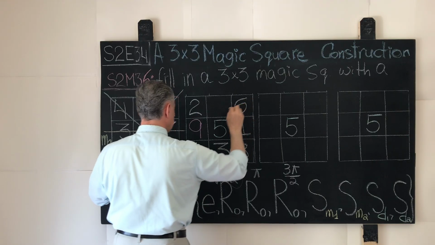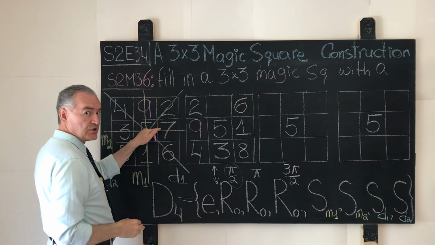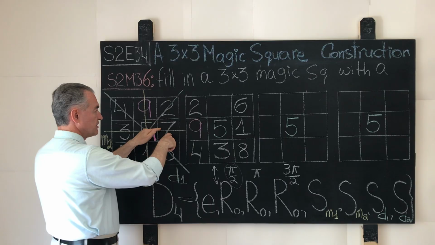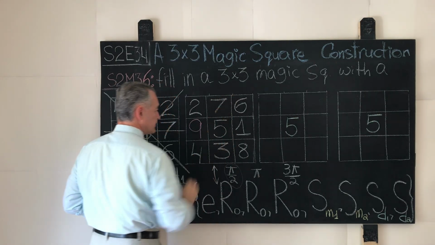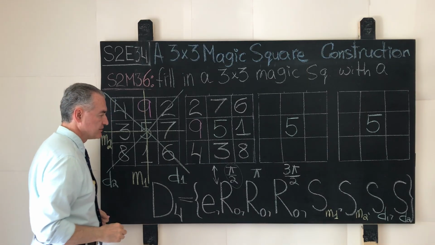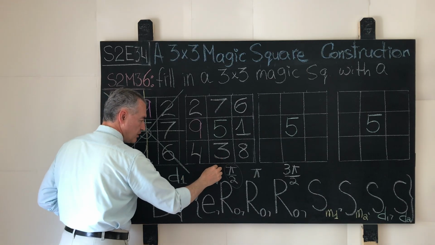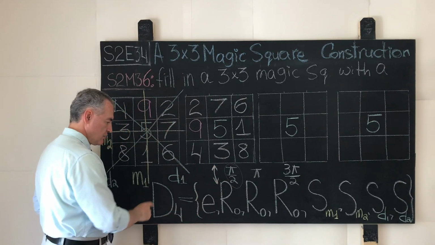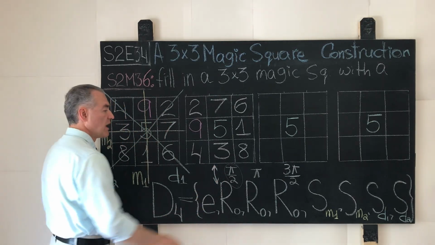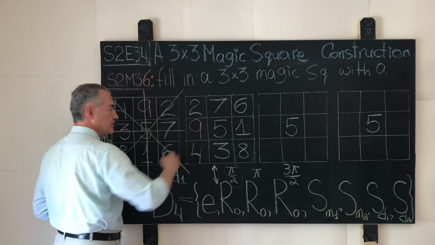This is 6. And finally, closing the circle, so to speak, the number 7 will jump where 9 used to live. So this is number 7. And this is it. So this square correlates to this element of the dihedral group D4, the group of all rigid symmetries of a square, and this element corresponds to this square.